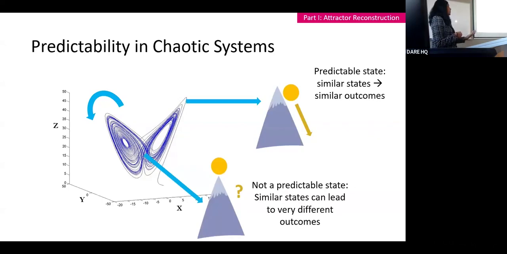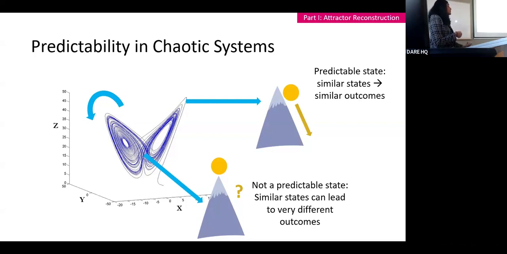Now, this shows all the possible ways that the trajectory can evolve. If you look at a point right here up in the top right corner, you can see that similar states are leading to a similar future. If you are up at the top here, then you're going to end up in the bottom here. Like that's quite clear that that's the direction in which the trajectories go.